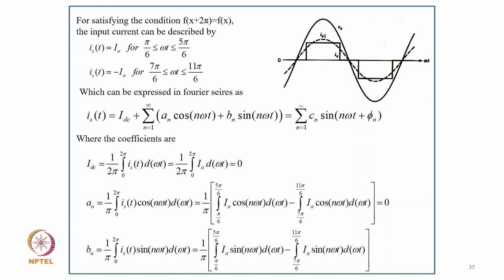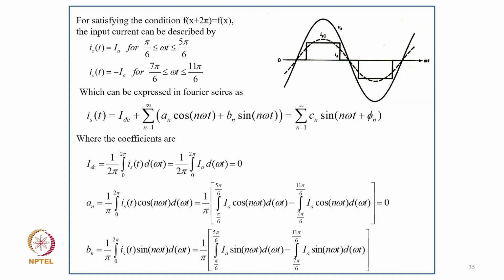For satisfying the condition f(x + 2π) = f(x), the input current can be described as Is = Ia for −π/6 to π/6, and Is = −Ia for 7π/6 to 11π/6, that is, 120° in the positive half cycle and 120° in the negative half cycle.